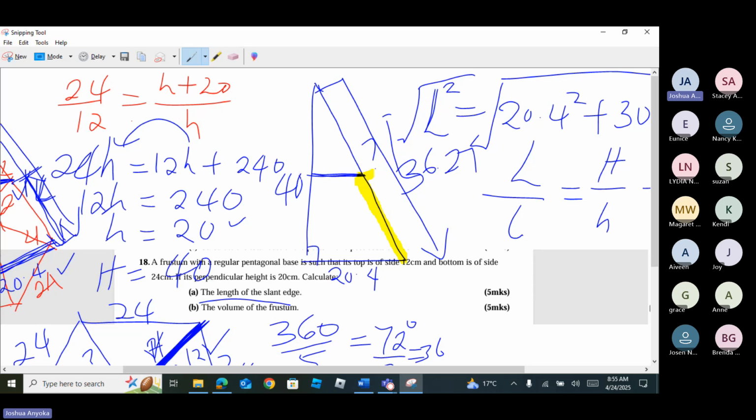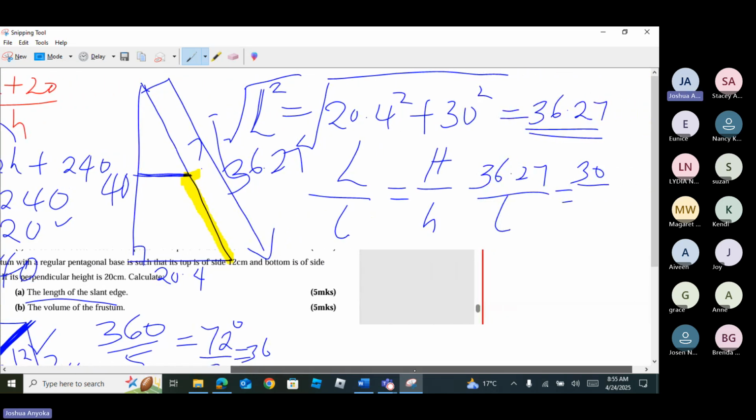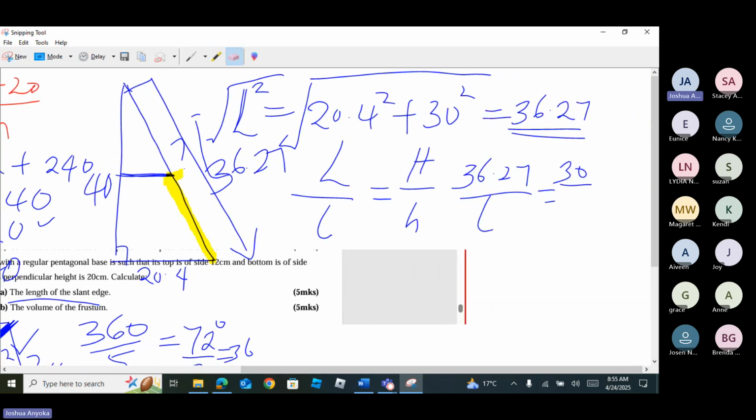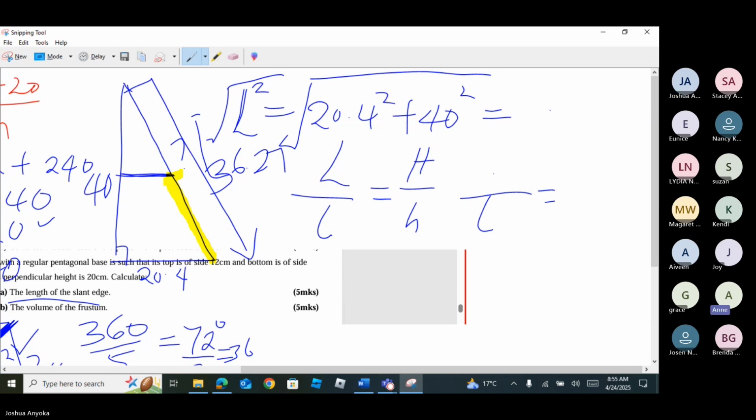This one is also 40, and this one we change to 40. We are correcting everything, so it will not be 36 now. Somebody work out. It will be 44.90.